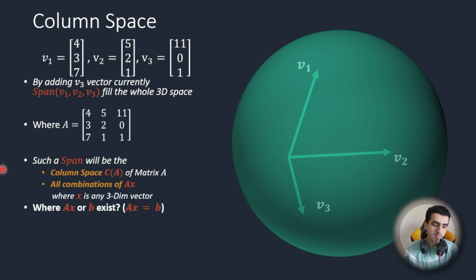Okay. So where AX or B exists, it exists within the column space of this matrix. It is in this sphere.